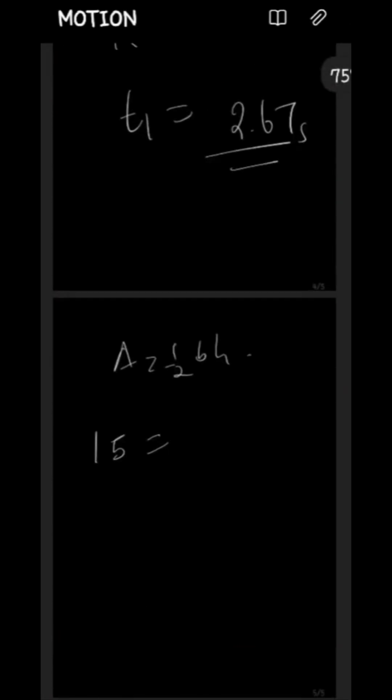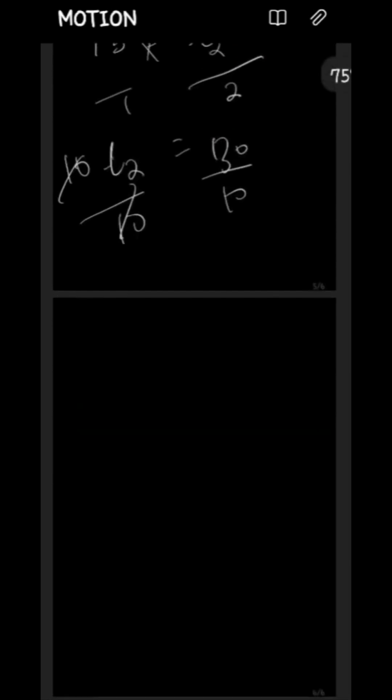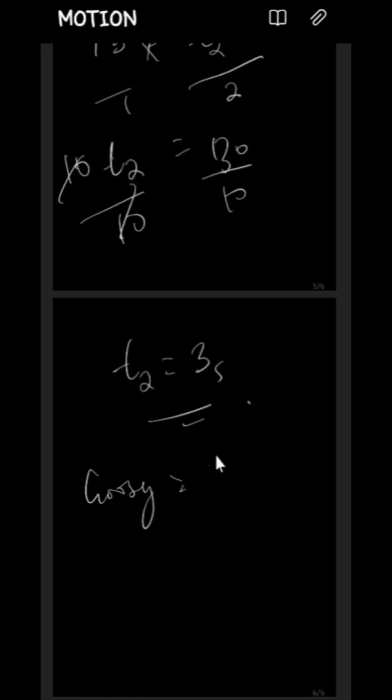So 10 times t2 over 2 is equal to 15, so t2 is 15 times 2, which is 30, divided by 10, that will give you t2 equal to 3 seconds. So you have Goosey taking 2.67 seconds, and Tony taking 3 seconds to reach the bone.